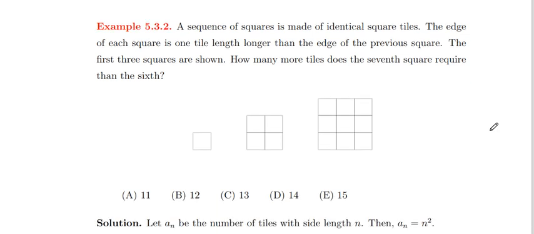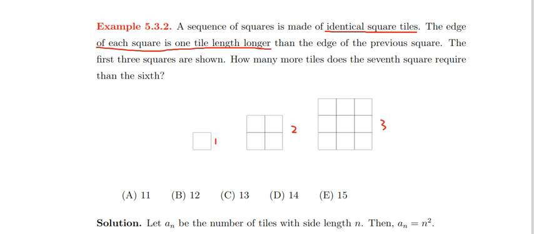So we can have those kinds of problems. Let's say a sequence of squares is made of identical square tiles. The edge of each square is one tile length longer than the previous one. So here this is 1, then this is 2, then 3.